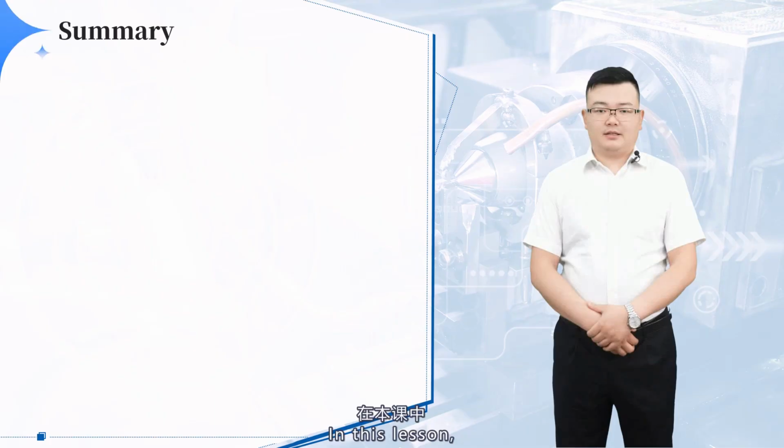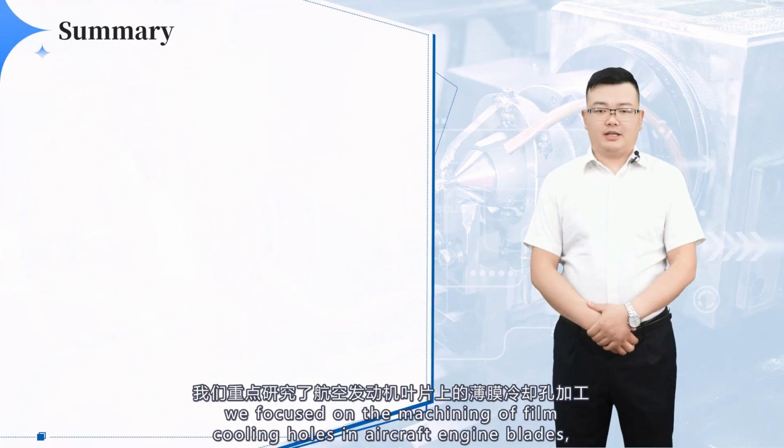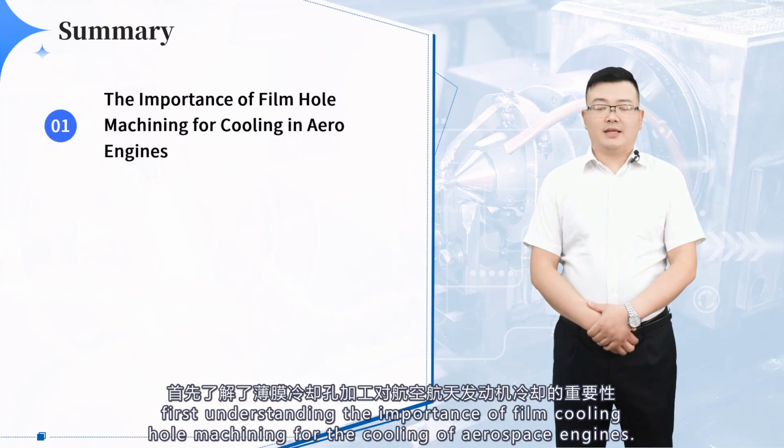In this lesson, we focused on the machining of film cooling holes in aircraft engine blades. First, understanding the importance of film cooling hole machining for the cooling of aerospace engines.